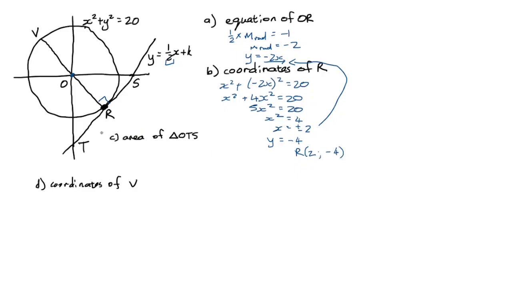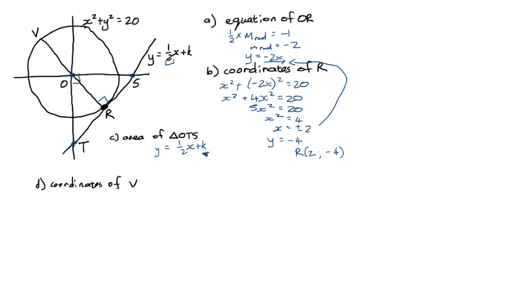Working out the area of this triangle, it would be very helpful, just because of where this triangle is situated, to just work out the x and y intercept, because then we'd have a triangle. And so what I'm going to have to do first then is to work out the equation of this tangent. I already know that it's y equals half x plus k.